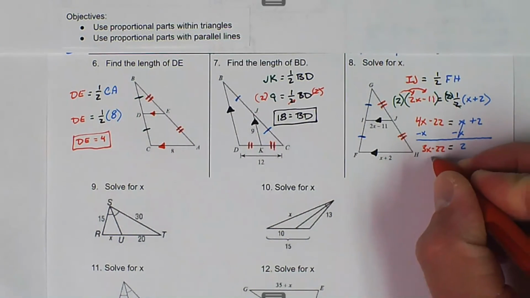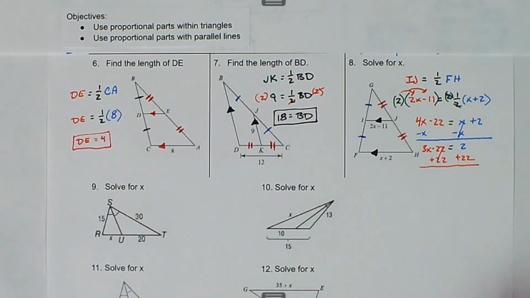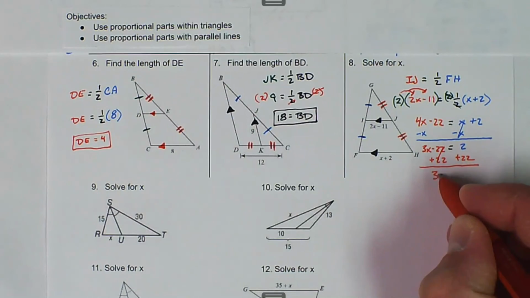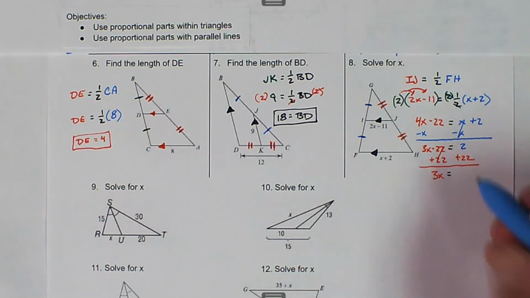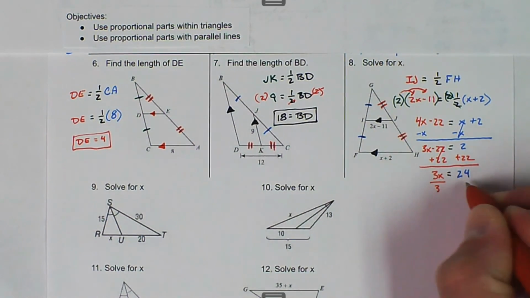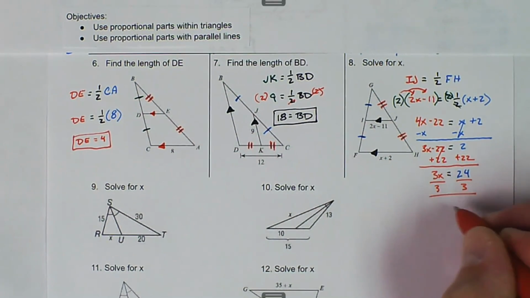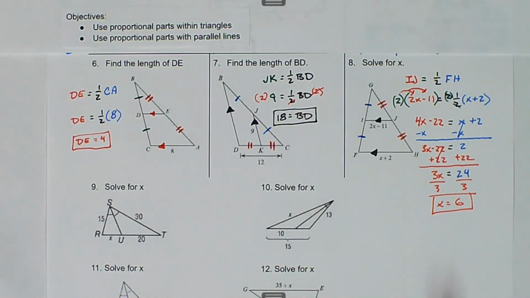Next, we can add 22 to both sides, so that will cancel. And then we get 3x is equal to 24. And then last, we can divide both sides by 3, and we get x is equal to 6. And that is what we are asked to find.